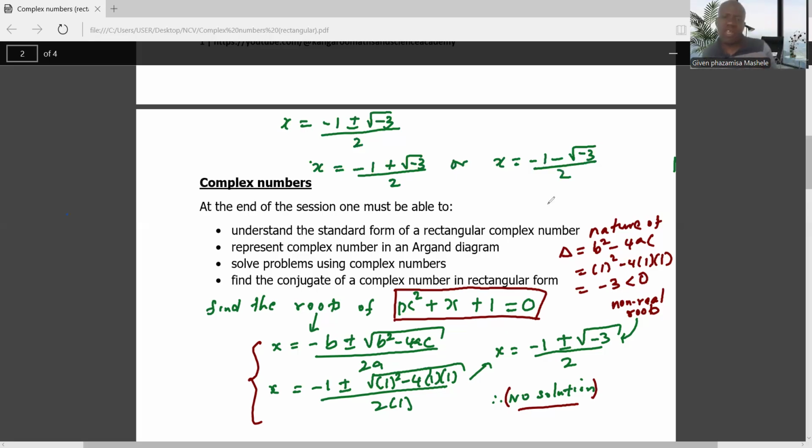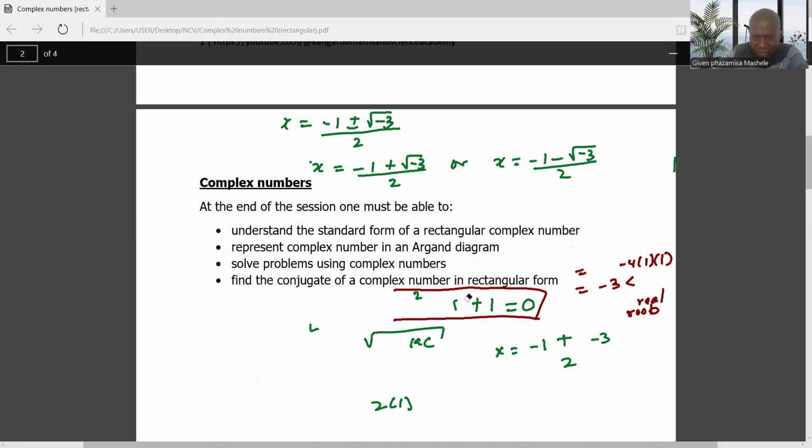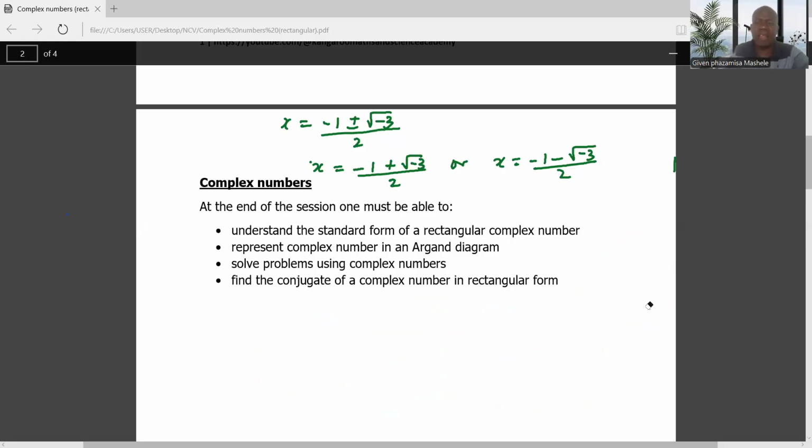Then we need to simplify this expression. So we will no longer say there is no solution. There is a solution now because we are introducing the complex numbers.